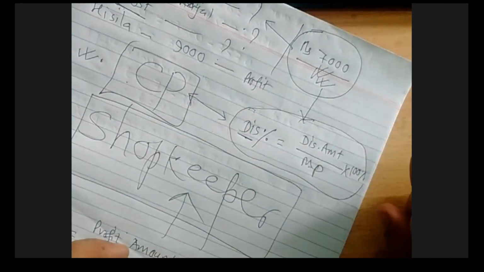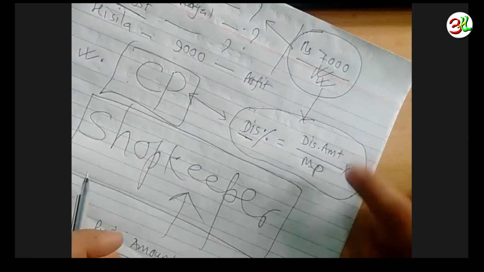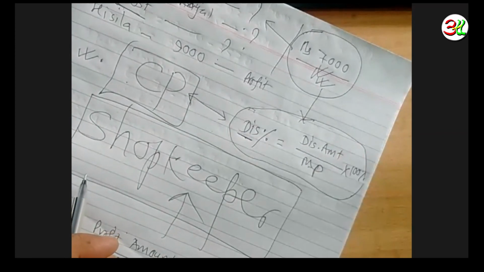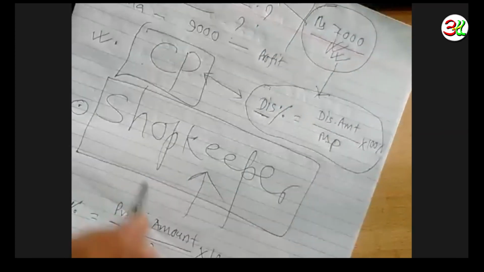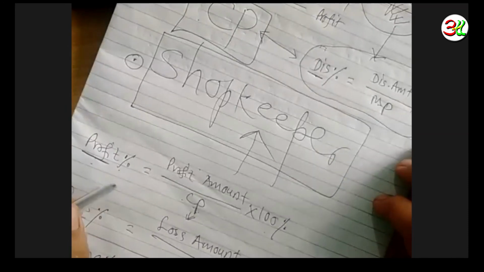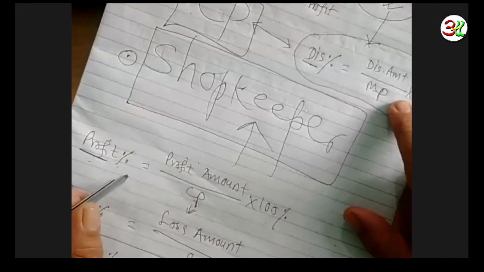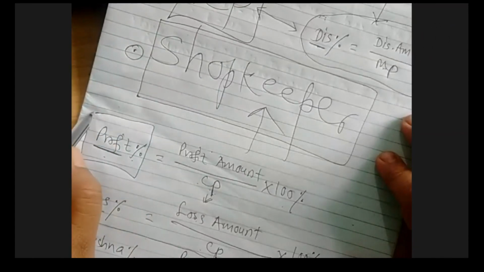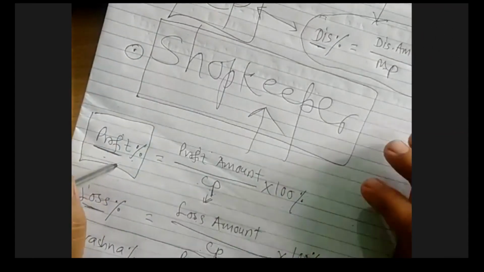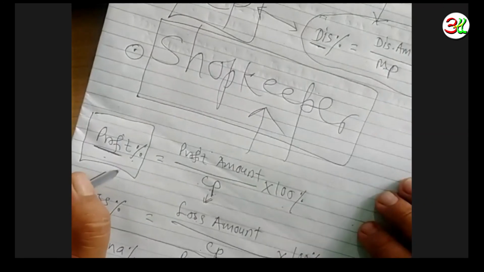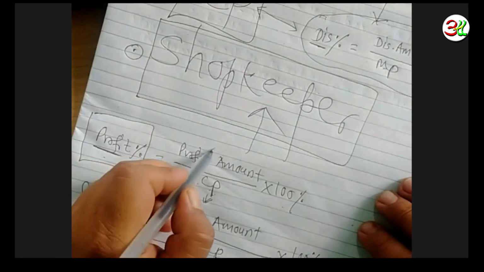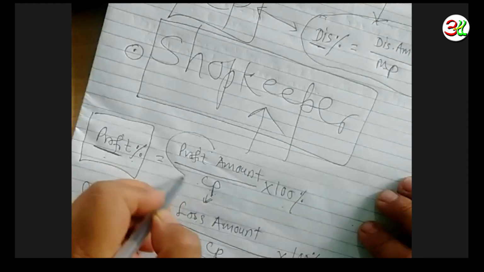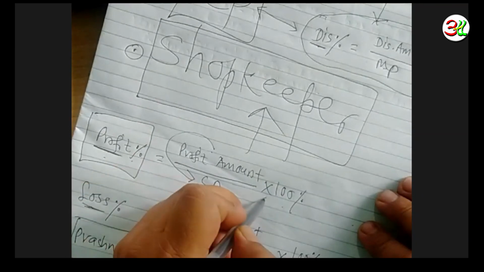You have to learn the concept. Calculation of percentage: to find the percentage, whichever item's percentage is needed, that item divided by its relation into 100%.